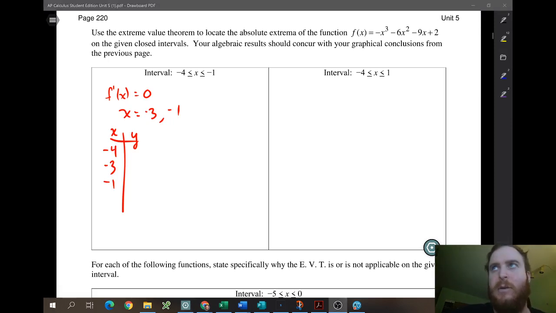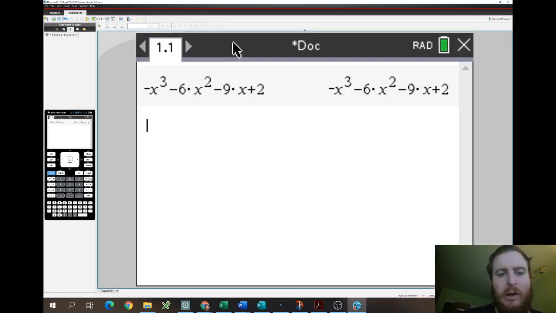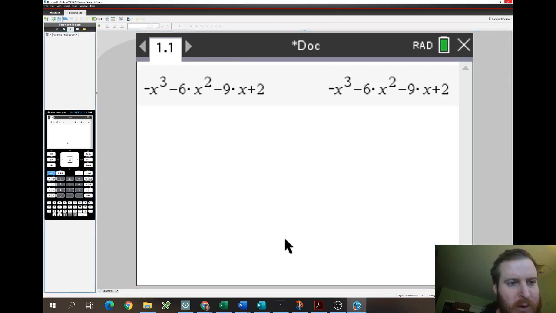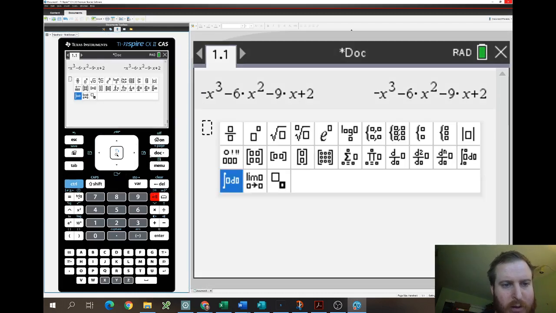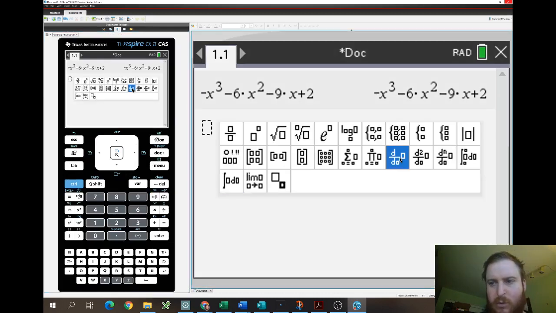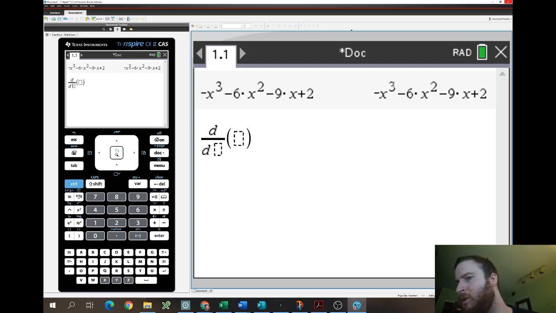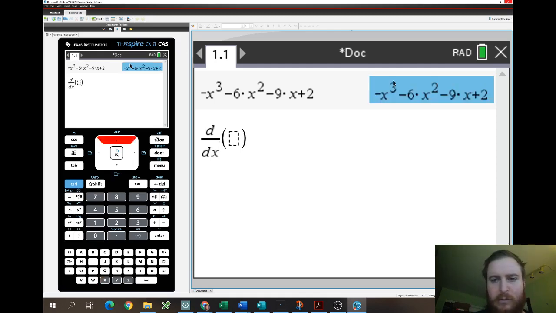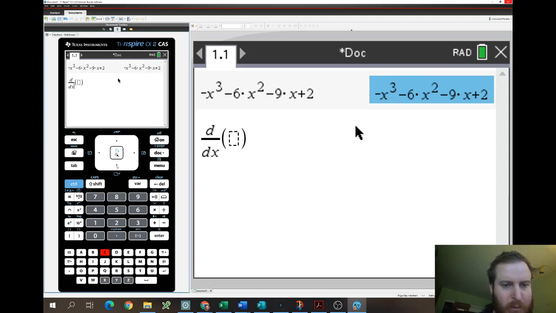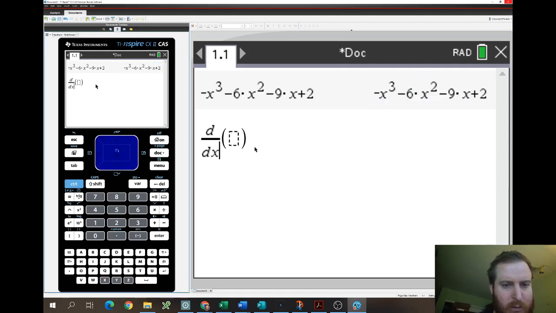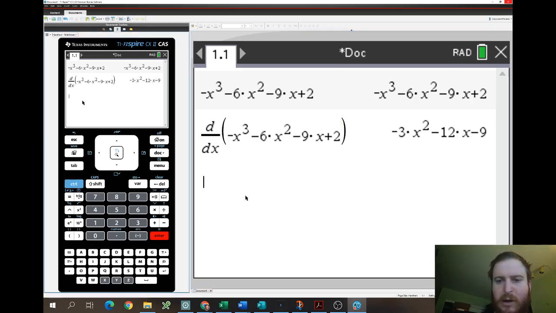And so on a calculator, by the way, if we needed to find those critical points quickly, I'll show this step. We could take the derivative with respect to x, and then we can go Control C here, and then Control V. So we can do that, and that's our derivative.